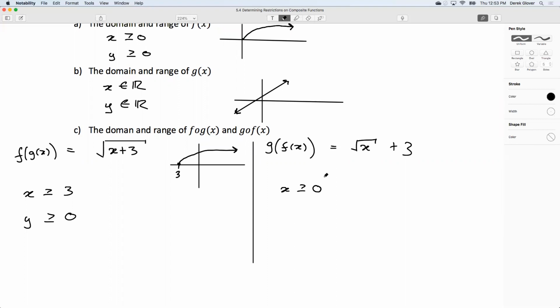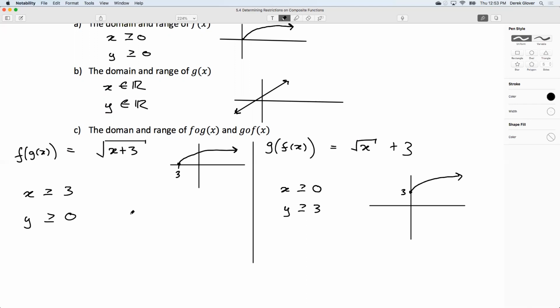Our y values, if we look at what this thing looks like when we go to graph it, this is, again, a square root function, but the translation's not 3 left anymore, it's 3 up. So instead of starting here at 0 and 0, it's going to start here at 0 and 3. It doesn't affect the x values, but it does change our y values because now y is greater than or equal to 3.